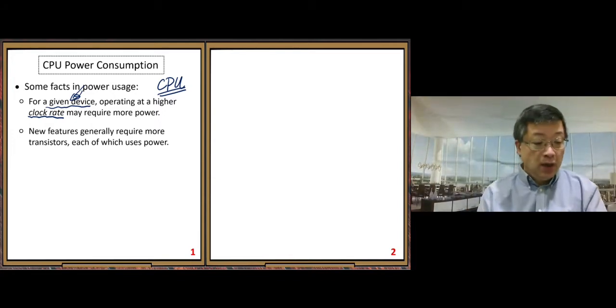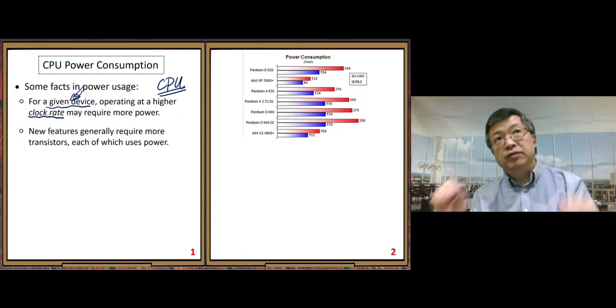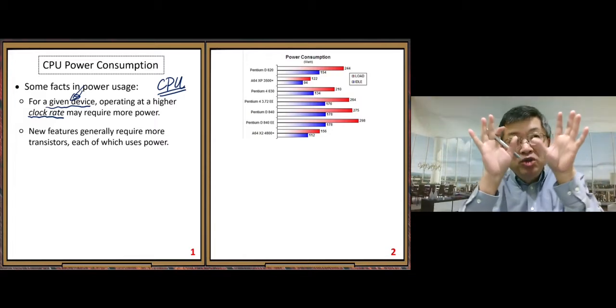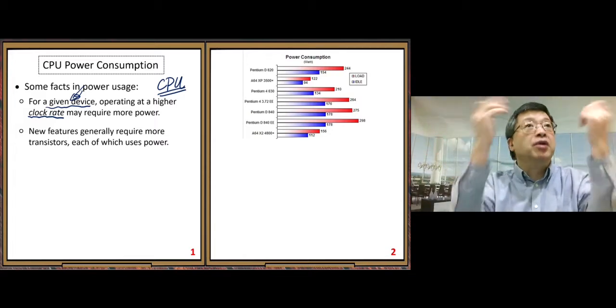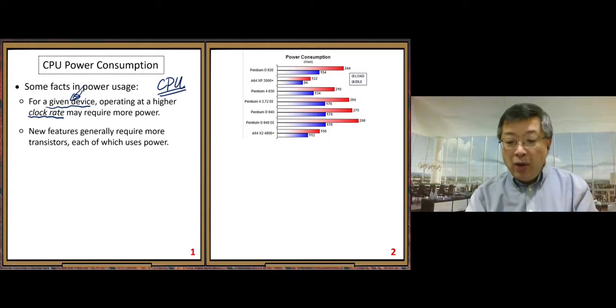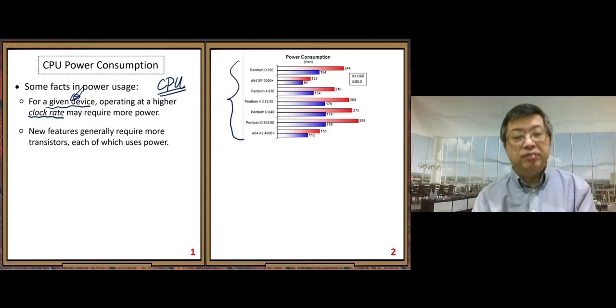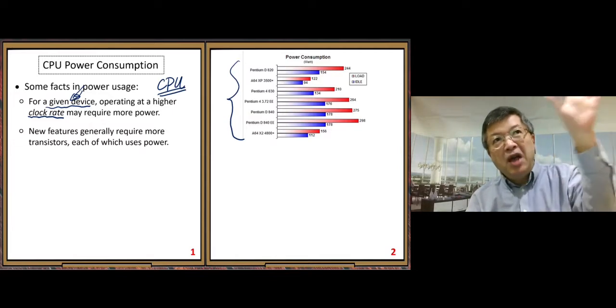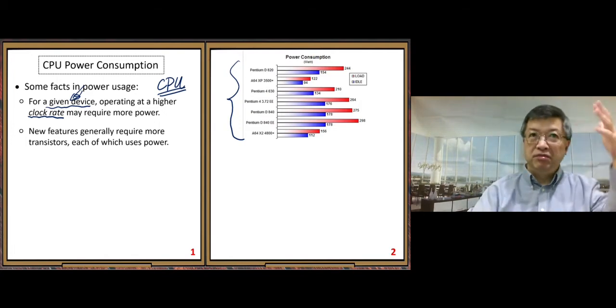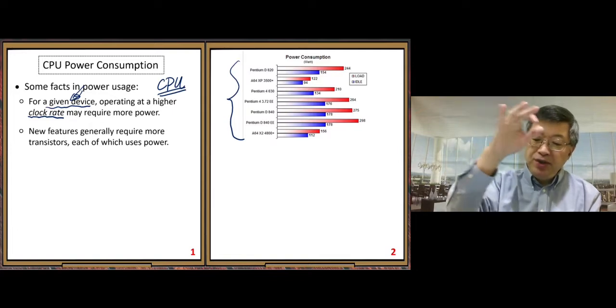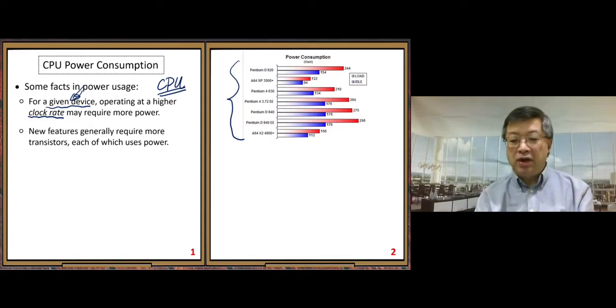So here, let me use some pictures so we get a rough idea how much power is consumed by a typical CPU. Here you can see these CPUs, relatively old CPUs, Pentium D, AMD, 10 something years ago. So that's pretty old. You can see for each CPU, there are two numbers on power consumption.